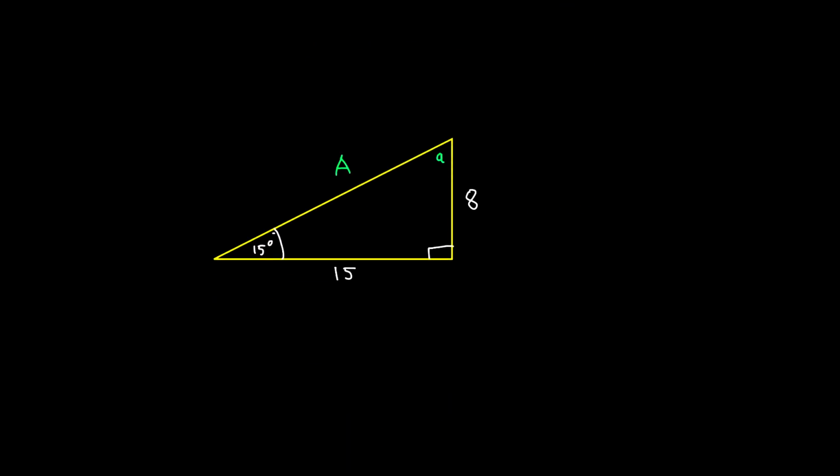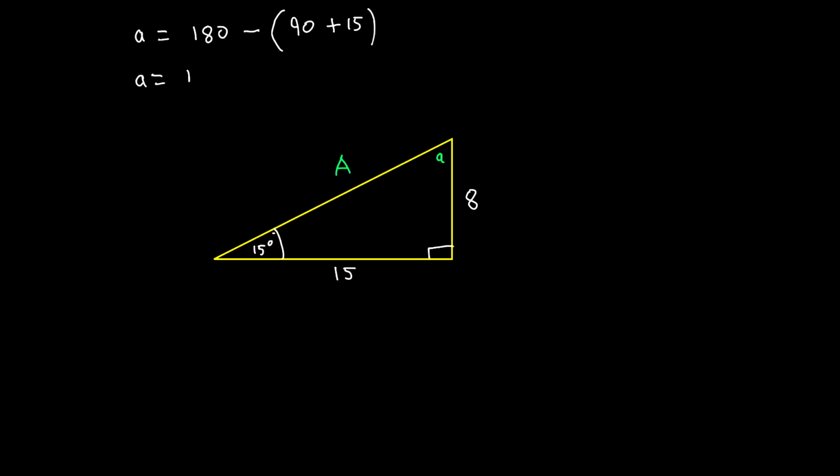So in this question, we're required to find our angle A as well as the length of A of this triangle. So in a triangle, all the interior angles add up to 180 degrees. Therefore, small A is actually equal to 180 degrees minus, in brackets, 90 plus 15 degrees.